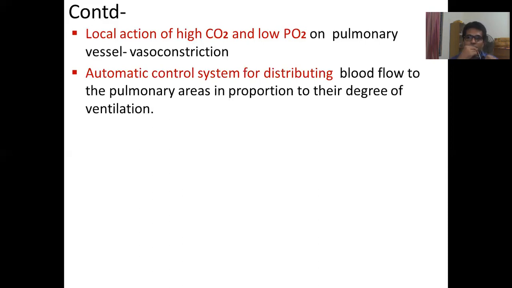This vasoconstriction of poorly ventilated alveolar capillaries will redirect the blood to the well ventilated alveolar capillaries. Is it clear? So blood flow will be shifted from poorly ventilated alveoli to the well ventilated alveoli.